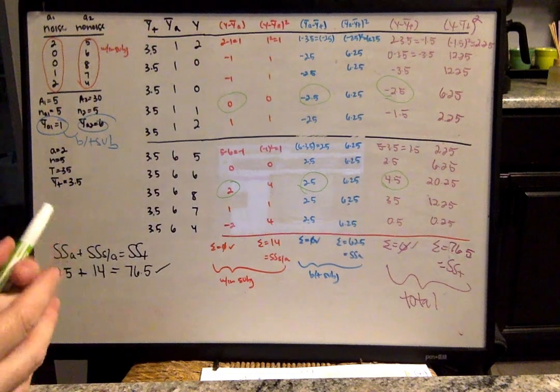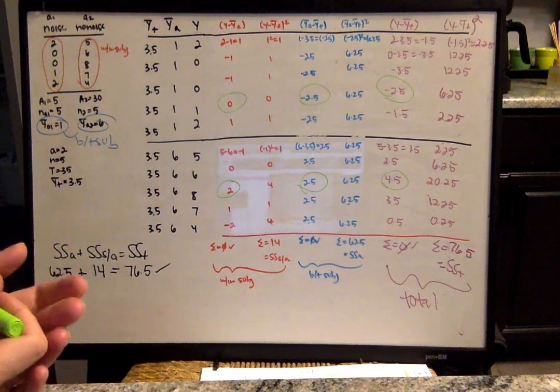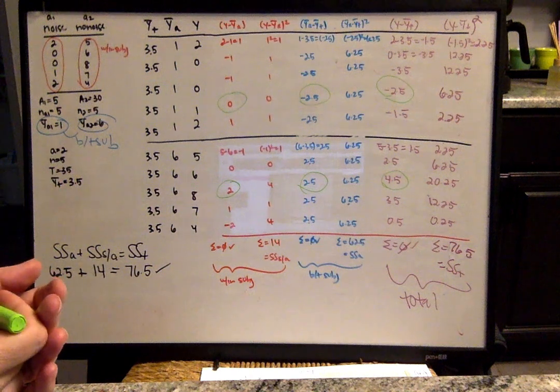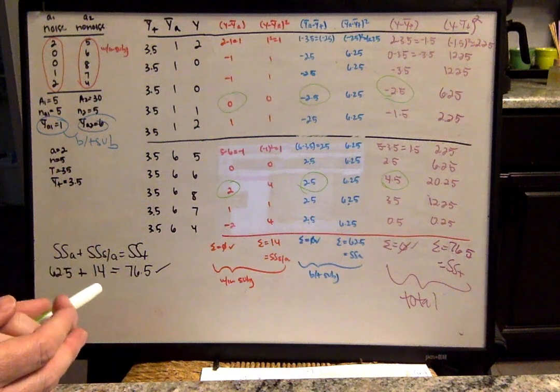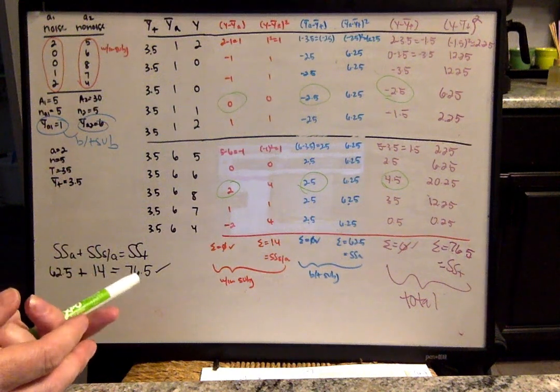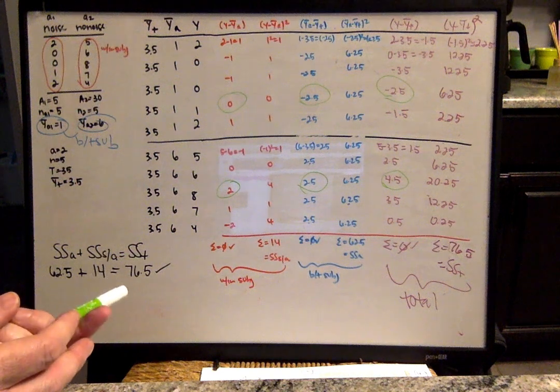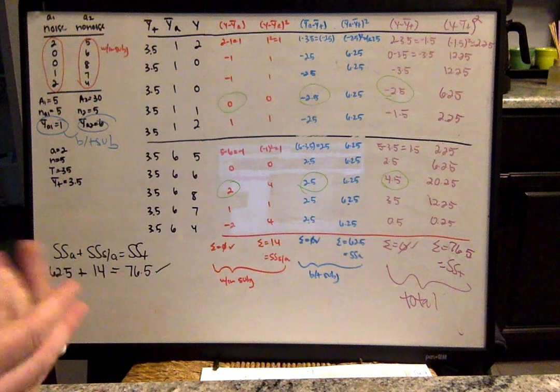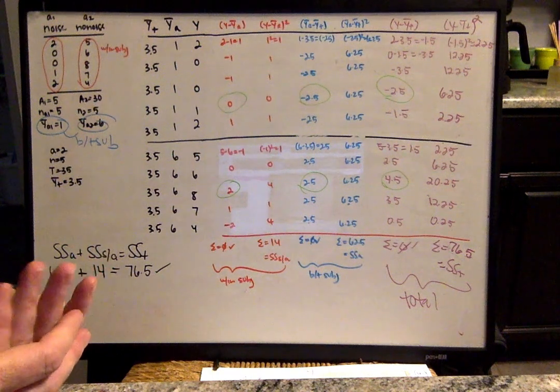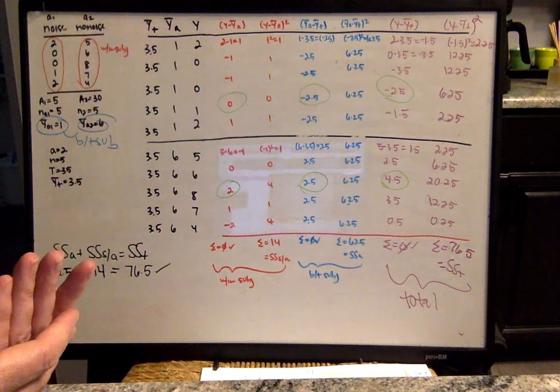You are going to hate me by the end of the homework, but you are going to love the shortcut formula when I introduce you to it. Once you do this on the homework one time, you will never have to do it again. This will not be on an exam, but I do think it's important for you to see how we get these numbers, because otherwise the formulas are just meaningless, and we're going to move to the formulas next.